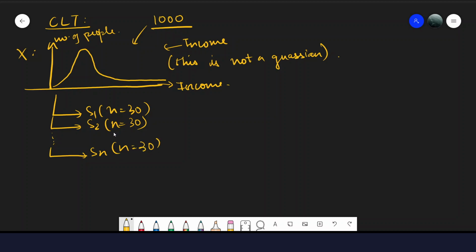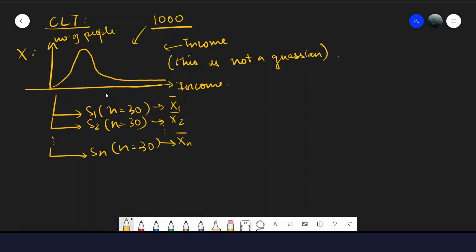Now, the central limit theorem says that once I've taken all of these samples and I take the mean of each, this might have a mean x1 dash, this might have a mean x2 dash, and so on till xn dash. These are all the means of my samples.